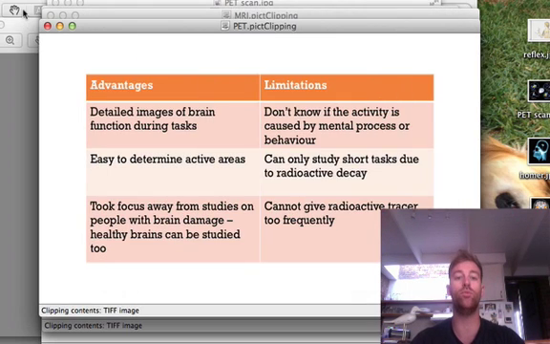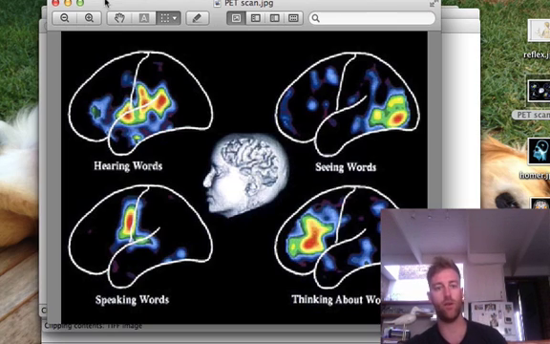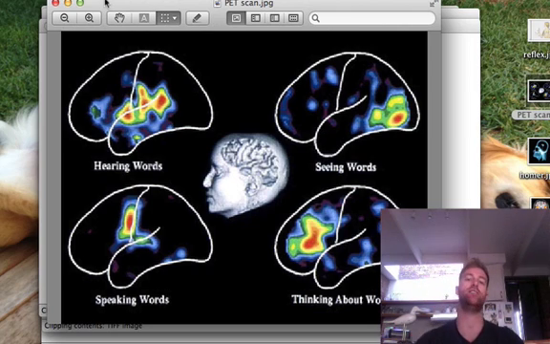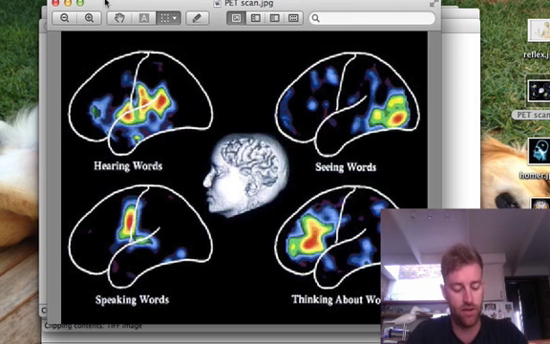But we moved on. So we moved on to PET scans. Now, PET scans are pretty cool. Check these out. PET is an acronym for positron emission tomography. You can see it there. What it does is help us reveal where activity is, almost in a 3D type arrangement.